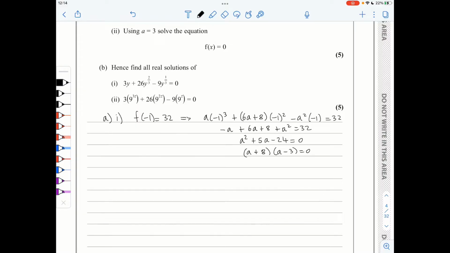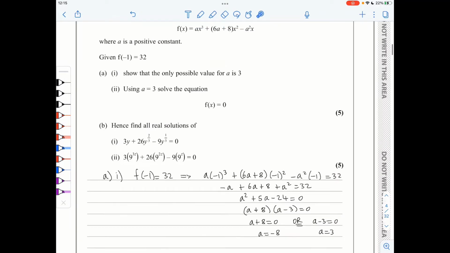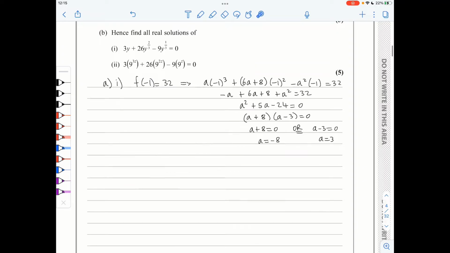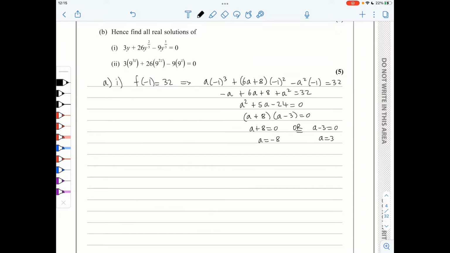So either a plus 8 is 0 or a minus 3 is 0, which means that a is negative 8 or a is 3. We need to be careful at this point. We've been told that a was positive, and therefore I need to explicitly reject the negative. So I say reject since a is positive, and I'm left only with a is equal to 3.